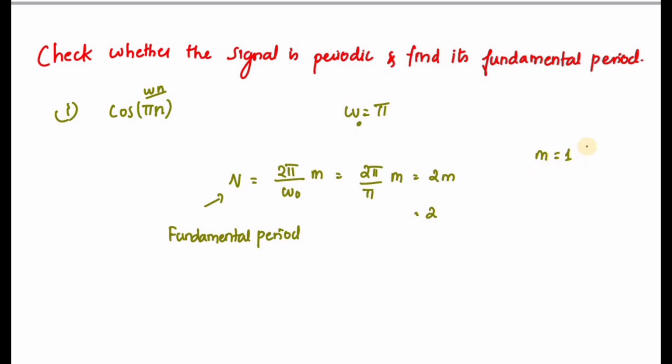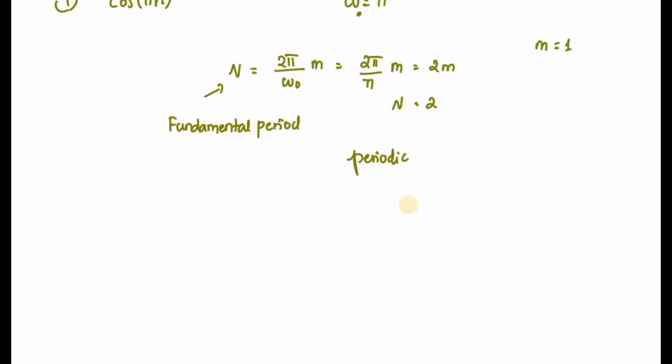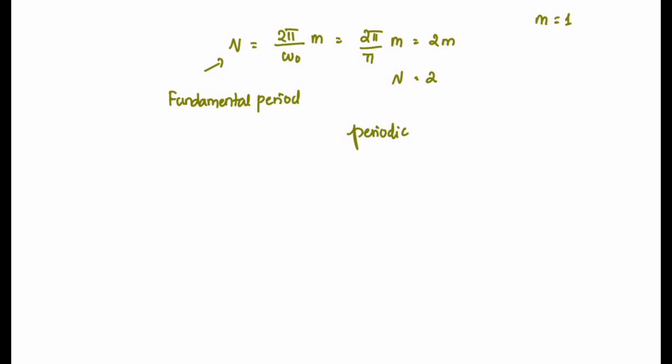If m is 4, 5 or 6, whatever the value, this becomes an integer value only. So the signal is periodic, and the fundamental period N is equal to 2. Let us go to the next problem.